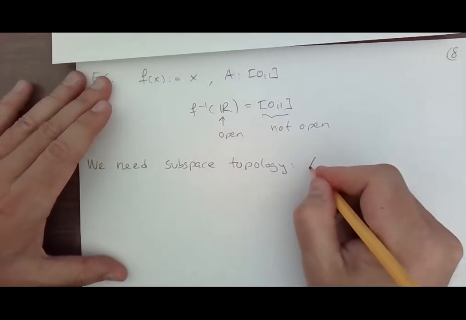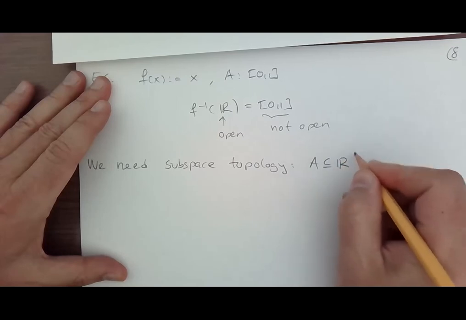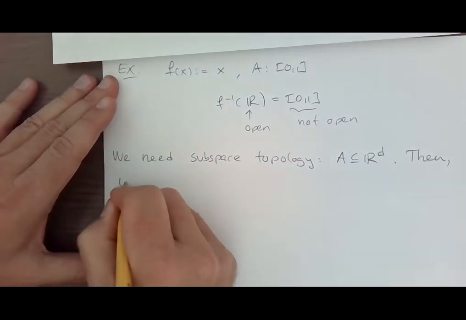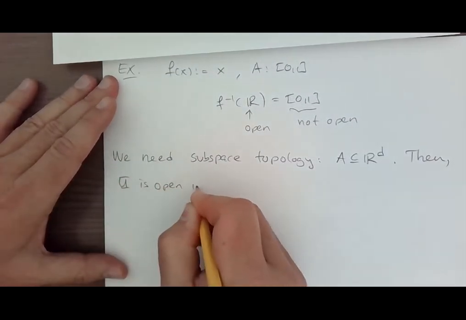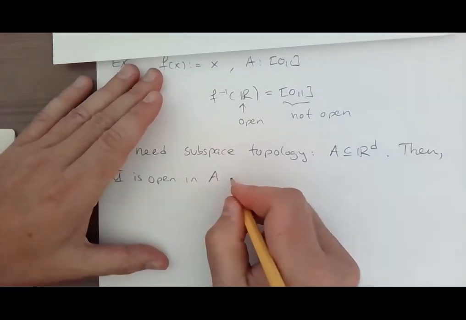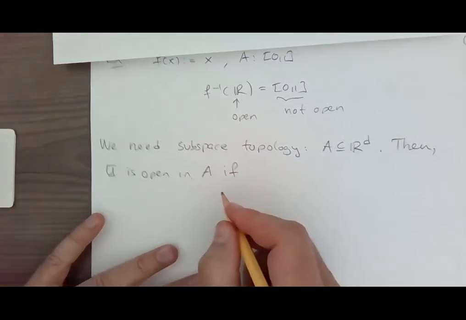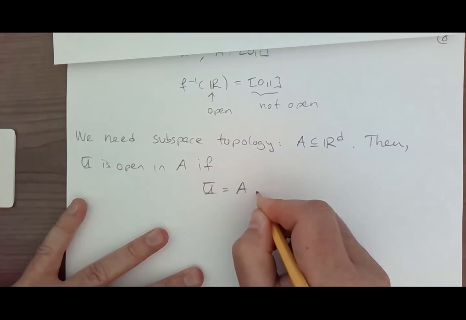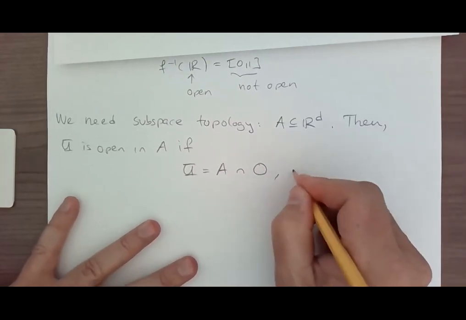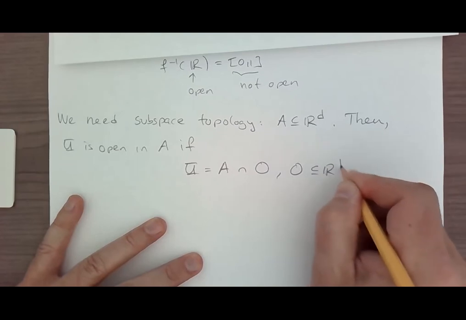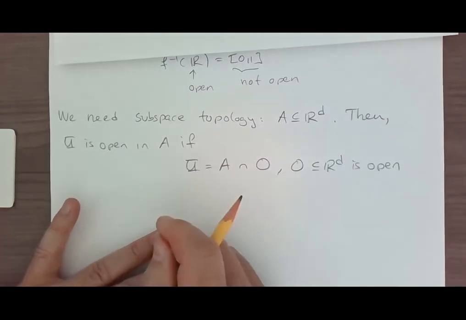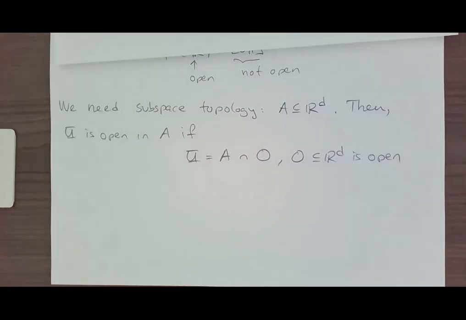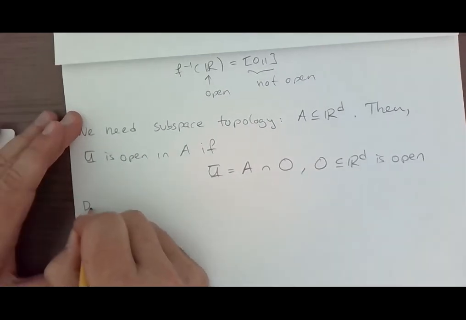So you take a set A in R^d, then we say U is open in A if U can be written of the form A intersect with O, where O is open. And now it's a good one. So now we can have the definition.